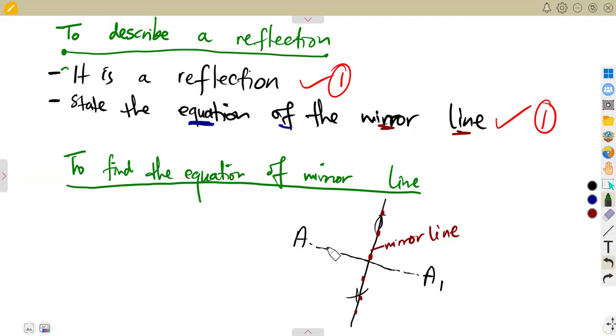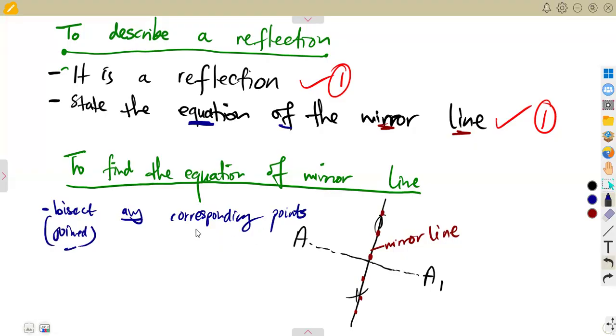The first thing, like I said, is to bisect any corresponding points joined, because remember you joined those points A to A1.